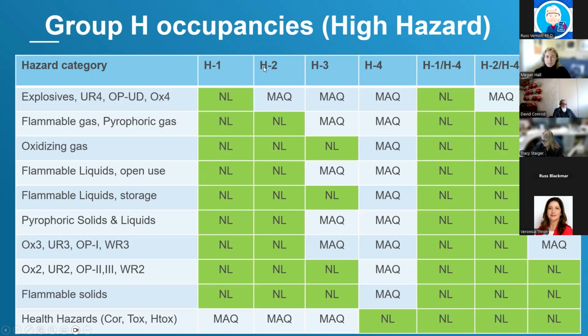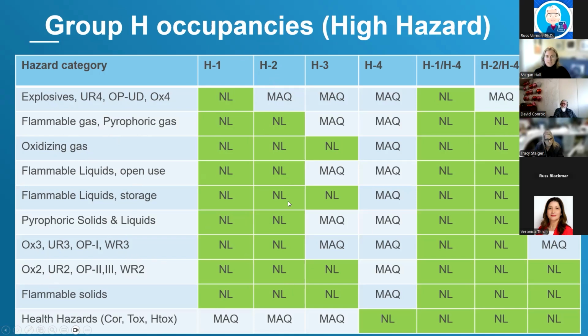Similarly, for H2 occupancies, for any of these materials, you would still be subject to the MAQ limits for H2, but you have no limits for flammable pyrophoric gases, oxidizing gases, flammable liquids in open use or in storage, pyrophorics, class 3 oxidizers or class 2 or lower, unstable reactives 3 or 2, organic peroxides, water reactives, flammable solids.